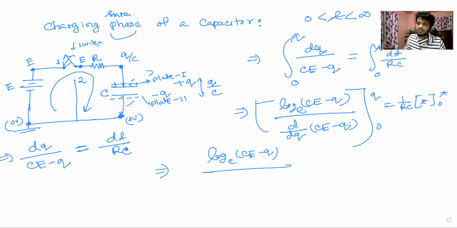And if you differentiate minus q with respect to q, then what will you get? So -1. You will get -1 actually. 0 to q. Fine. And it would be what? rc, if you put this value t and 0, okay? Fine.